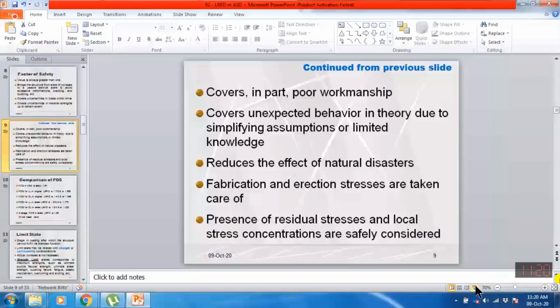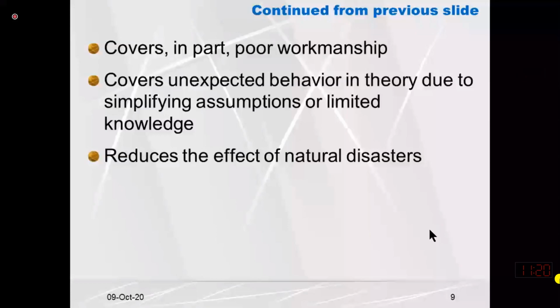Okay, next is to reduce the effect of natural disaster. Normally if we have designed the structure only for the gravity load, meaning dead load and live load, and there is any earthquake, have we designed the structure for the earthquake load or the natural disaster?